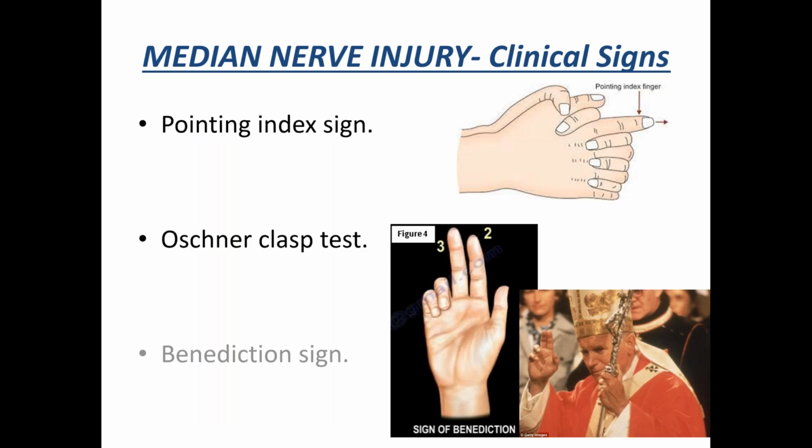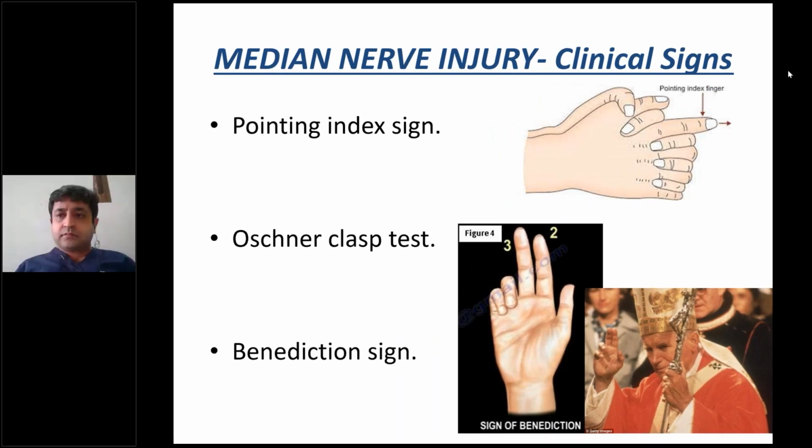The other important test is the pointing index sign. What is the pointing index sign? You ask the patient to make a fist, and on asking the patient to make a fist, the index finger keeps standing out.